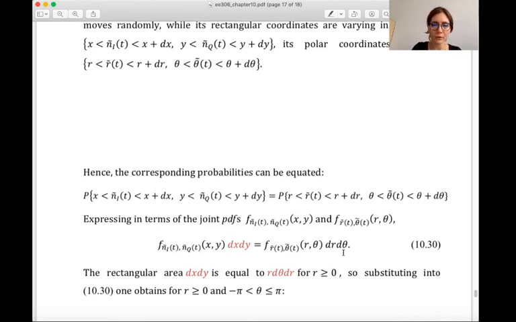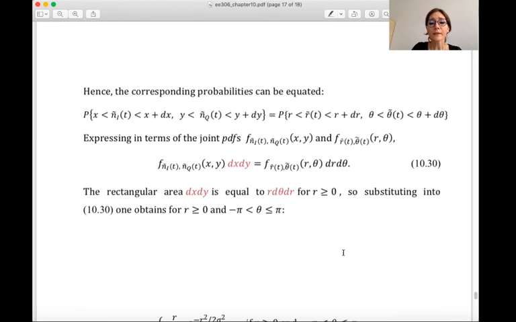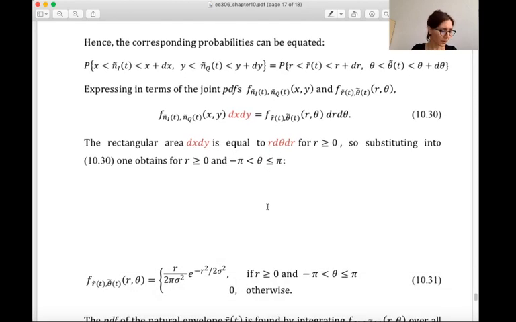So this equality holds. Now, what we will do next is consider the transition between these two sets of variables. When you pass from xy to the r theta system, remember from our calculus classes, there's a Jacobian that you have to take into account. So dx dy is equal to r dr d theta.